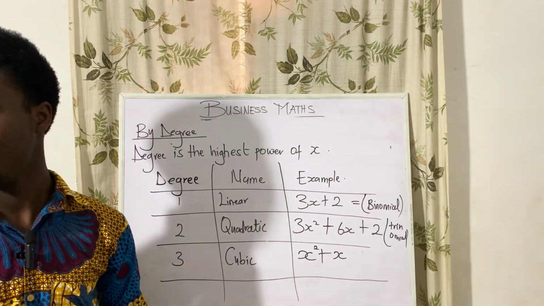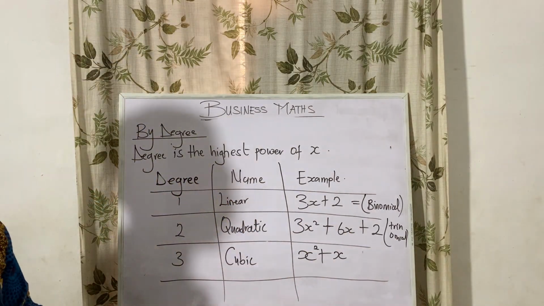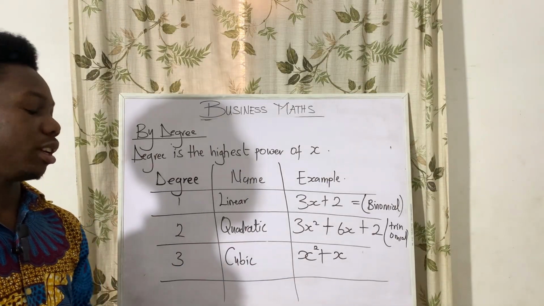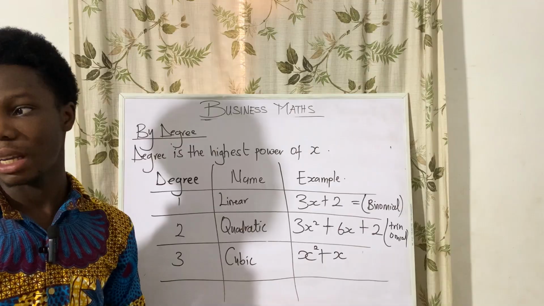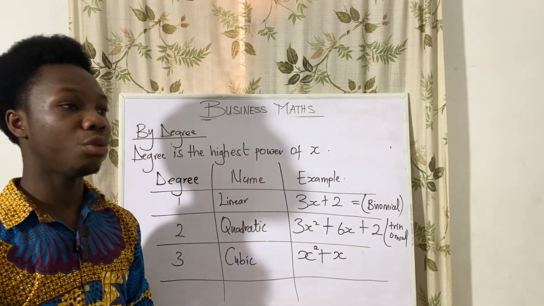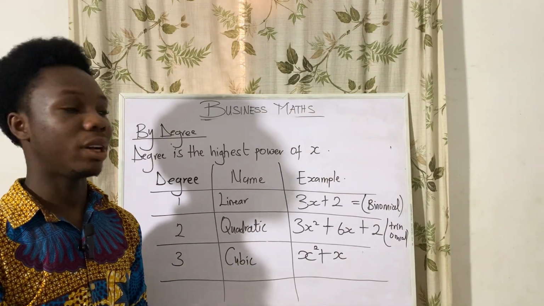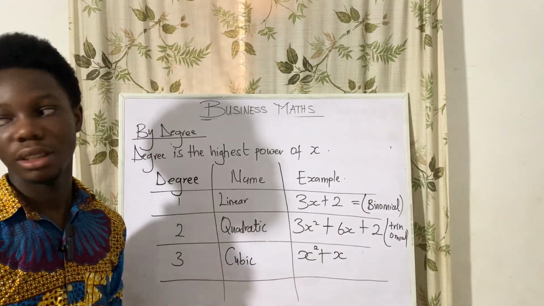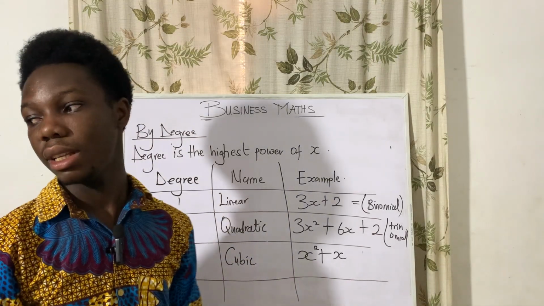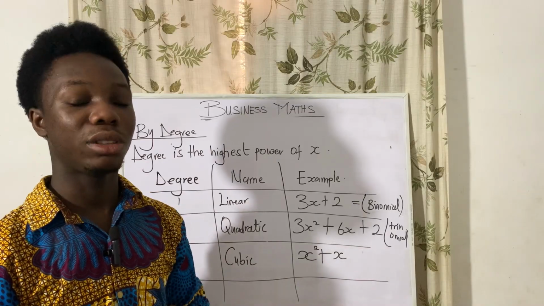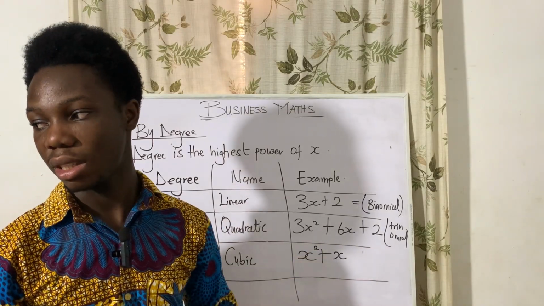The cubic becomes a more complex curve. Now we are still looking at the types of polynomials. Don't worry, you will understand everything once I give you questions on it. So we move to the third one, where we have business application: types of polynomials by business application.